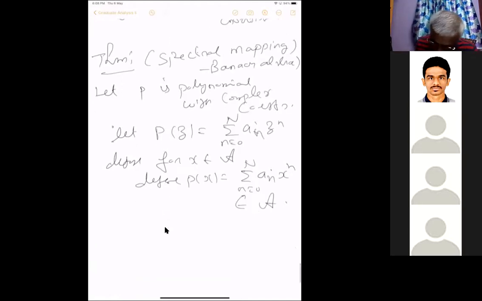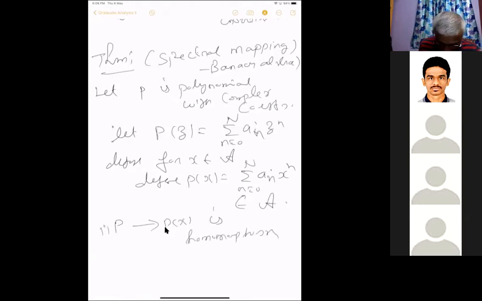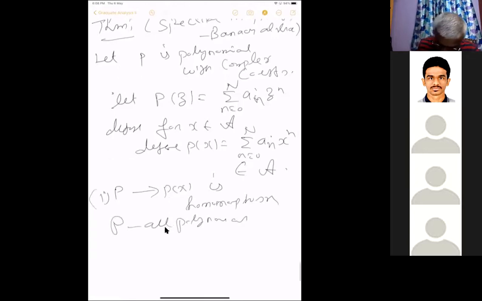This map p going to p(x) is a homomorphism from the ring of all polynomials to A. That is just clear.